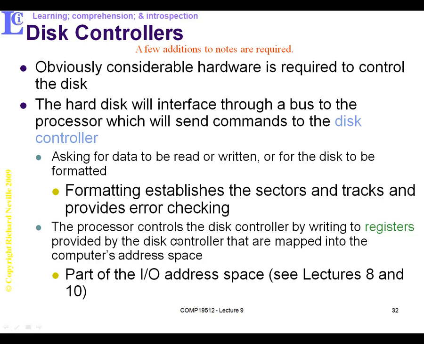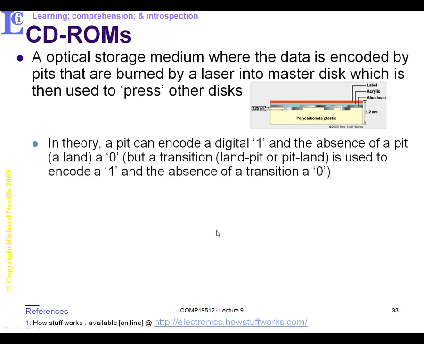The processor controls the disk controller by writing to registers provided by the disk controller that are mapped into the computer's address space. So the concept here is the computer has an addressable memory, and a particular location in that memory has a set of registers for the disk controller. Now we'll move on from that and maybe come back to that in a minute.